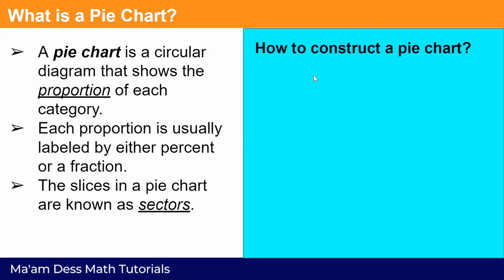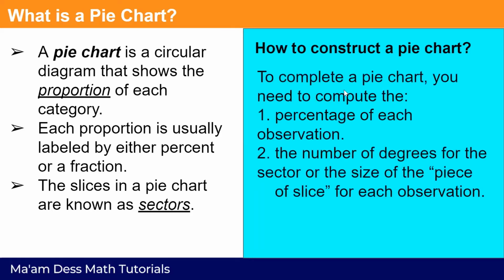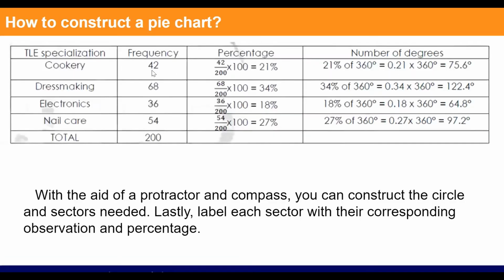How to construct a pie chart? To complete a pie chart, you need to compute the following. Number 1, the percentage of each observation. Number 2, the number of degrees for the sector, the size of the slice, for each observation.